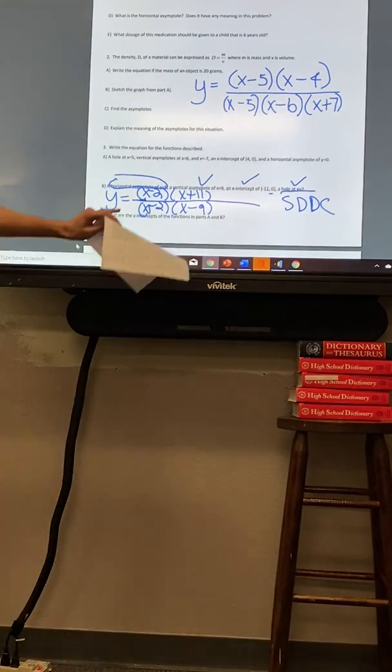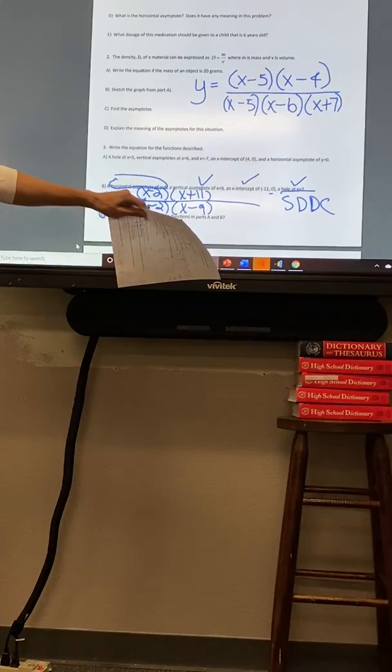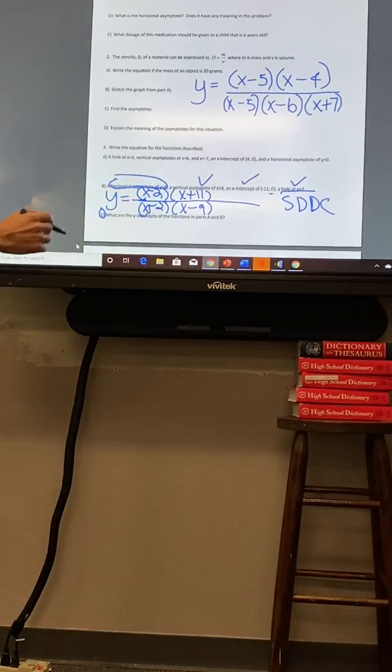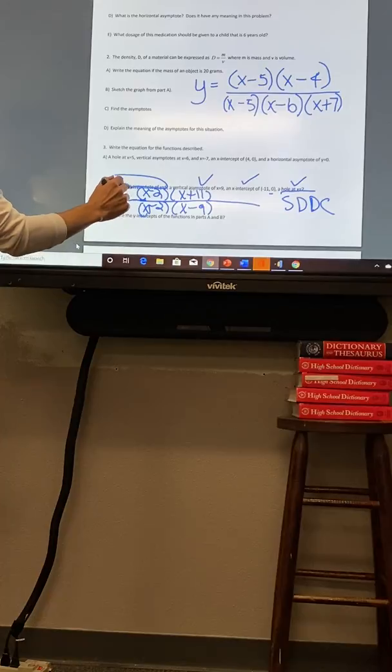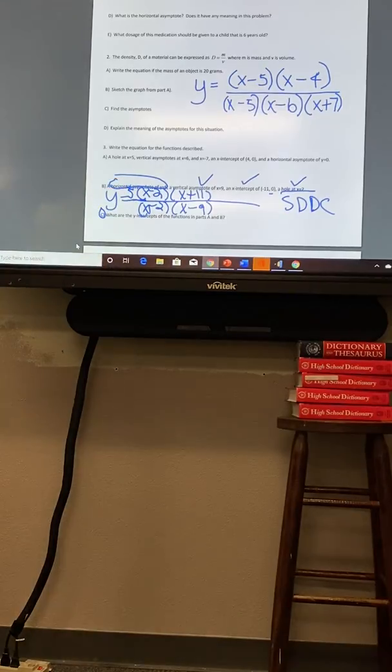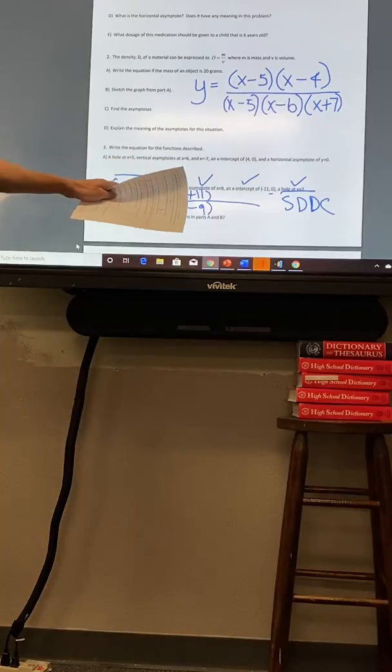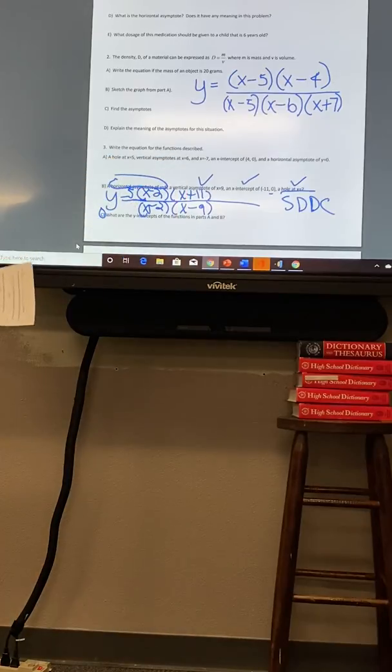We have degree 2 on the top and degree 2 on the bottom. If I want y equals 5, I simply put a 5 in front of that x minus 2, and when I divide my degrees and simplify, I get a horizontal asymptote at y equals 5.